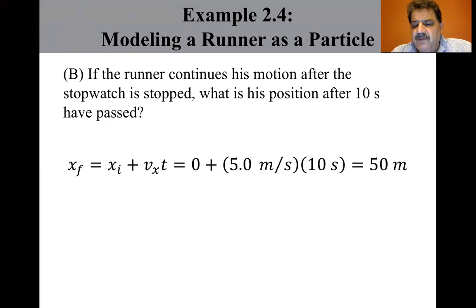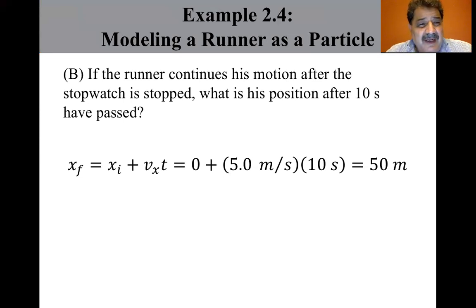Use this equation and the velocity found in part A to find the position of the particle at time t equals 10 seconds. So x final equals x initial plus vxt equals 0 plus 5 meters per second times 10 seconds equals 50 meters. As a result, for part A, a reasonable speed for a human. How does it compare to the world record speeds in the 100-meter and 200-meter sprints?